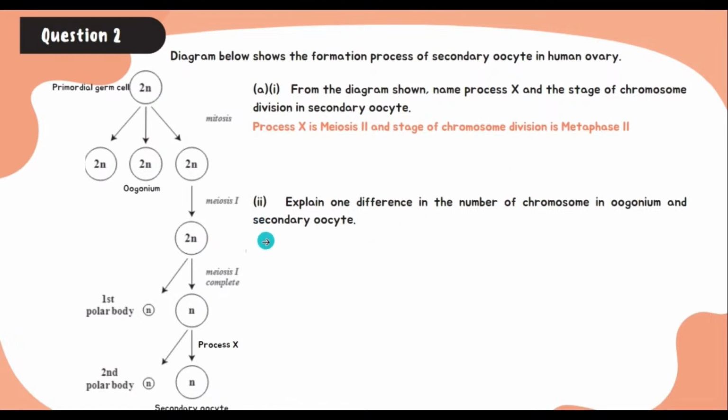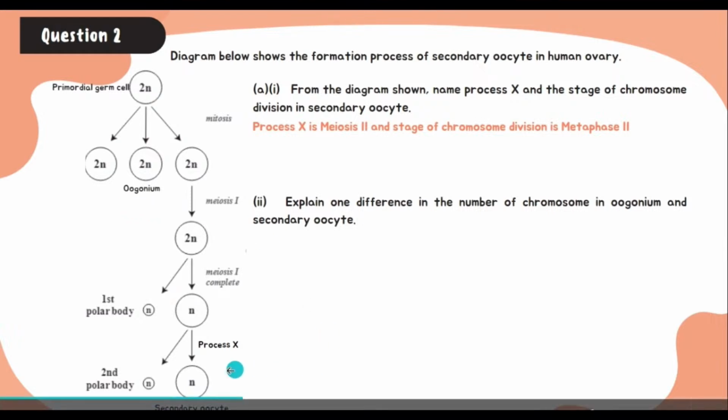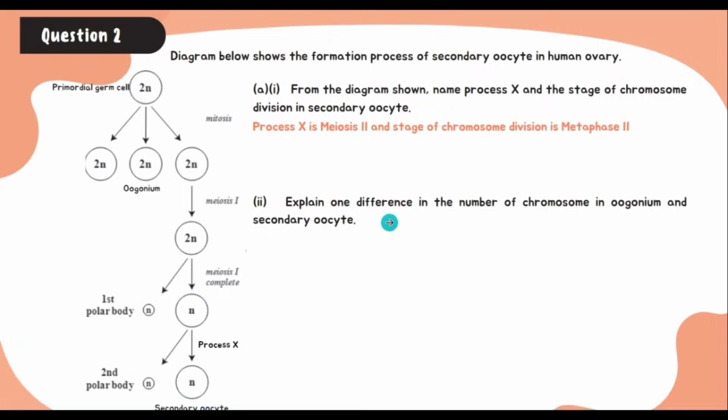Now for question number 2, A2. Explain one difference in the number of chromosomes in the oogonium and the secondary oocyte. So where is the oogonium? Here. Where is the secondary oocyte? Here. For this question, they want you to state one difference, and they need you to explain the difference.